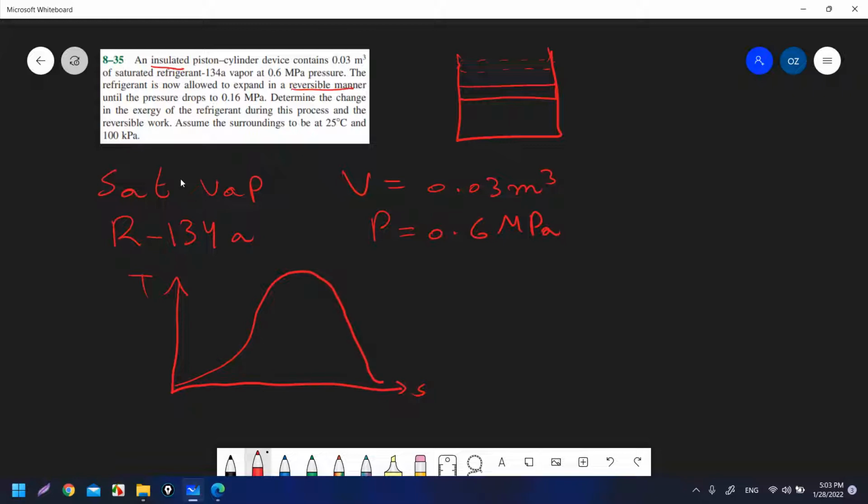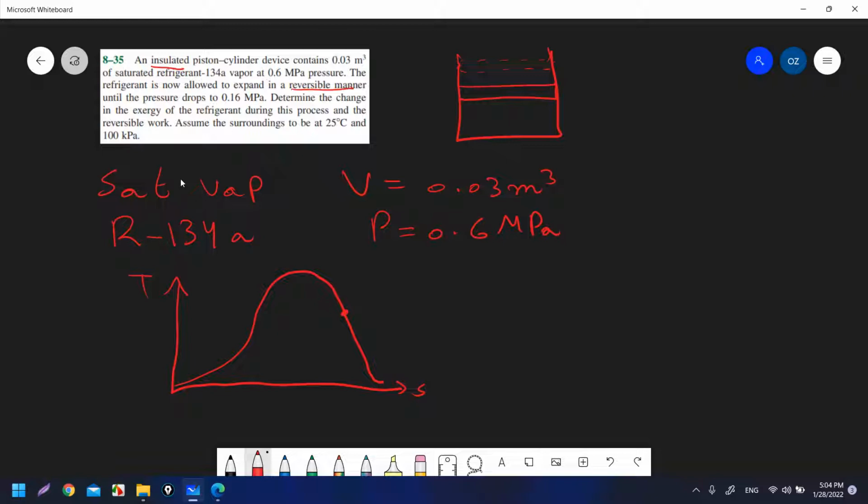So for example, this point is on the saturated vapor line. When there is an expansion process, the pressure will drop. For example, in a turbine, when expansion is mentioned, it means the pressure will drop to 0.16 megapascal.